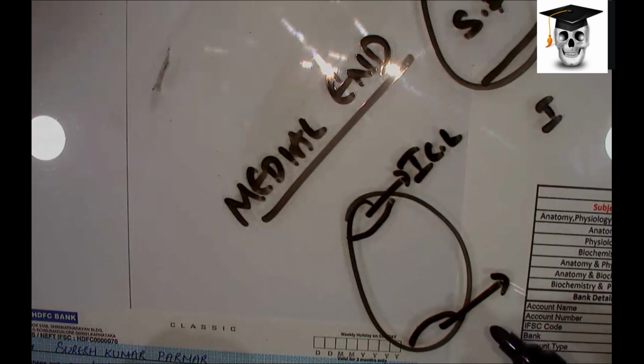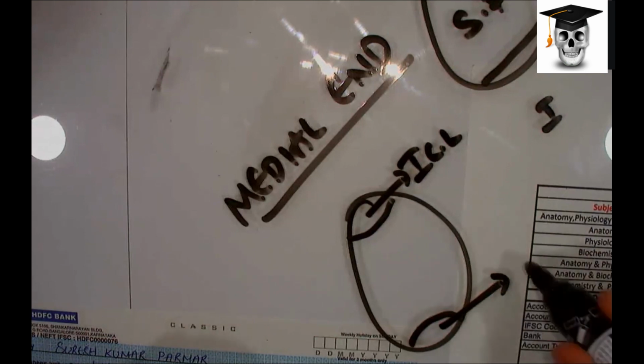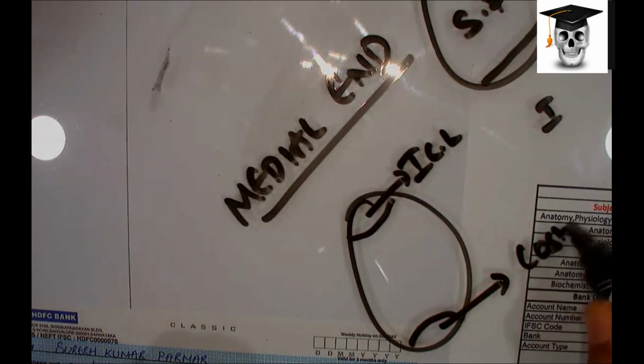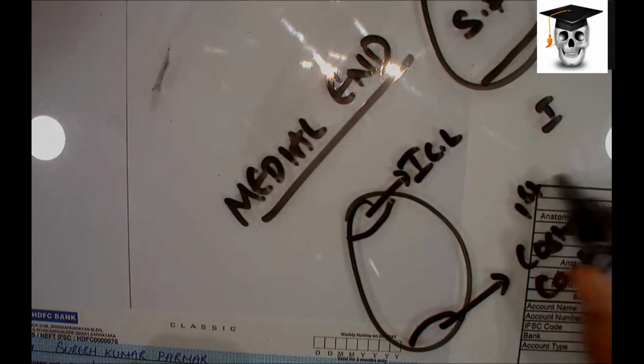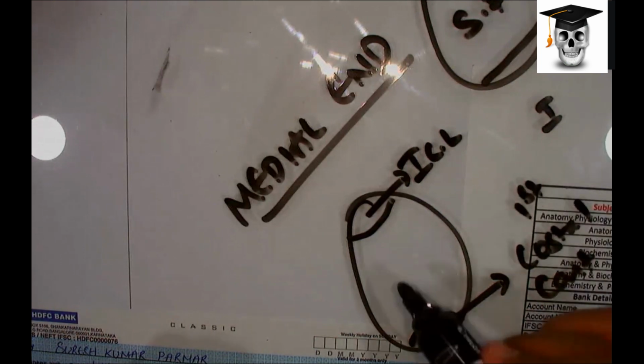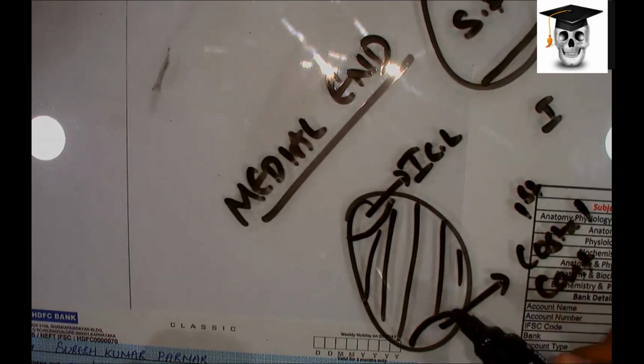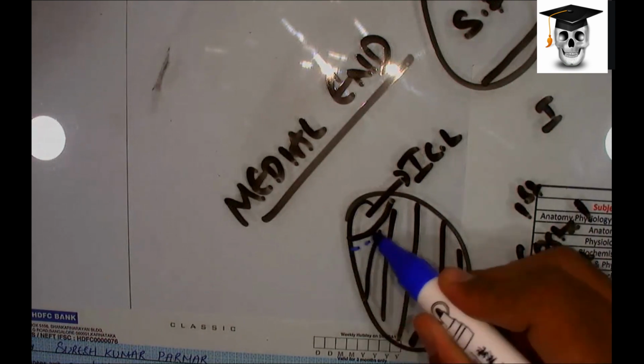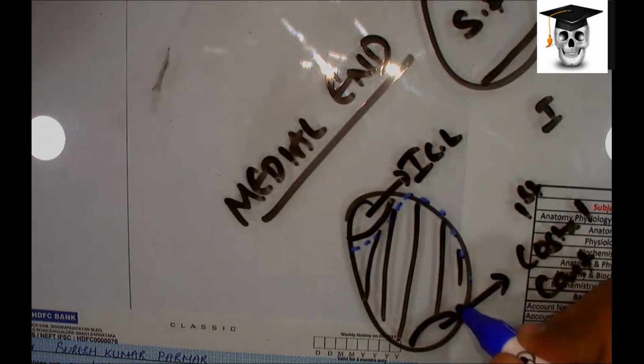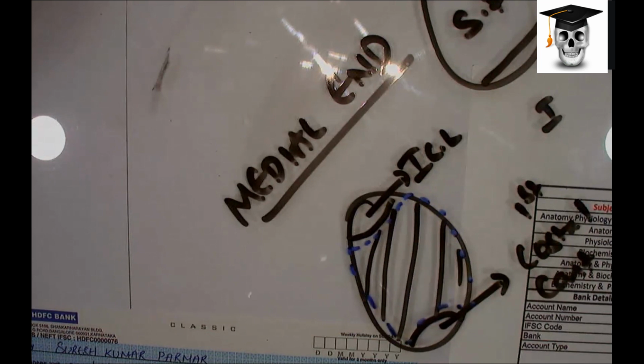The cartilage of the rib is called costal, so you call it the first costal cartilage. Is that okay? The rest of this area is giving attachment to the sternum. In addition, all this margin is giving attachment to the capsule of the sternoclavicular joint. That is all about the medial end.